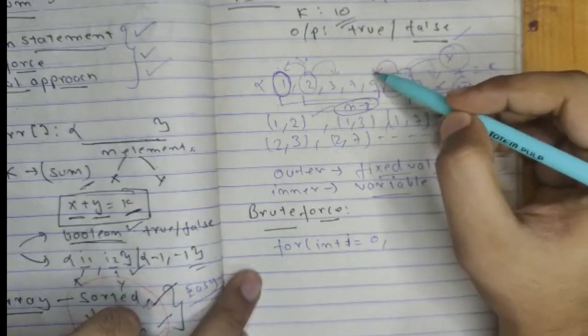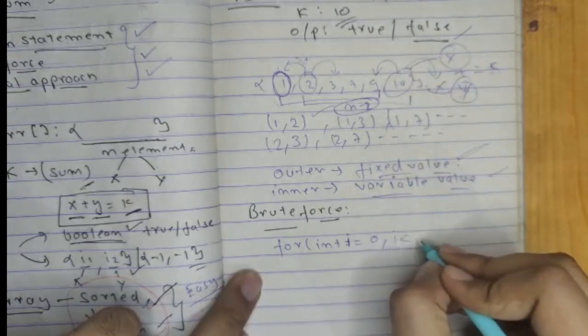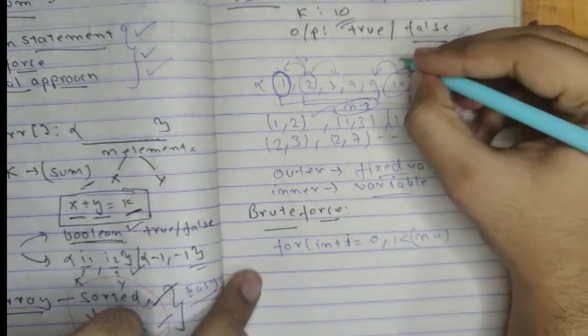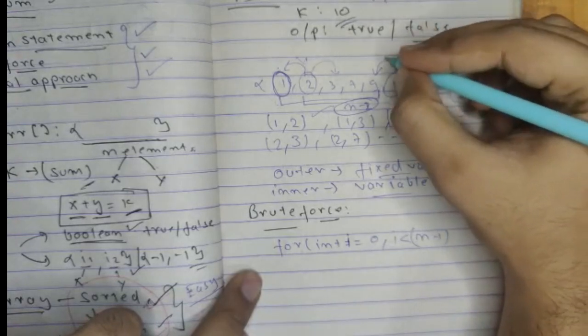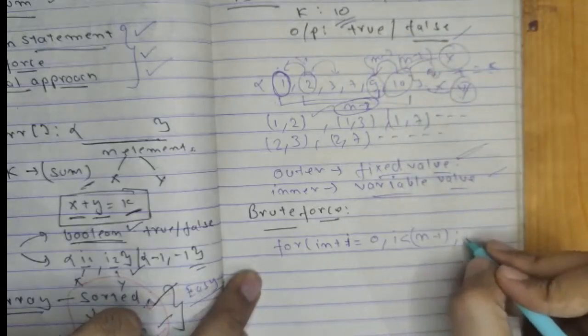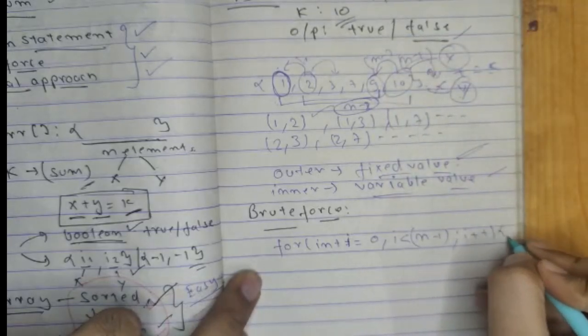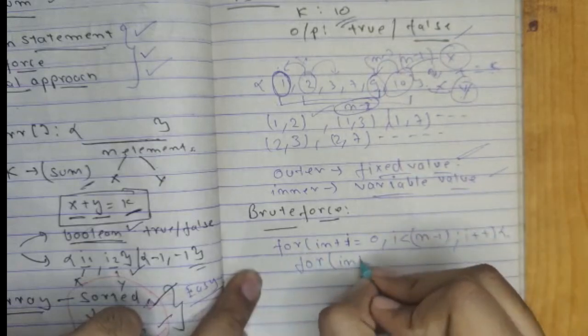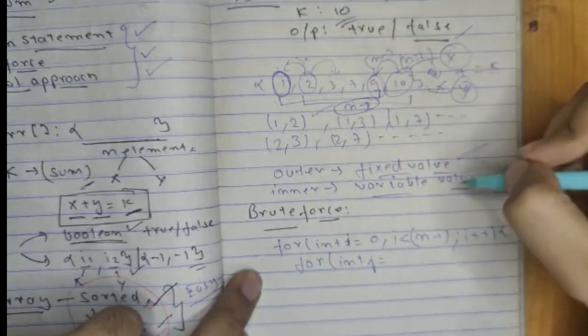Up till the last second value. So i less than n minus 1. This is n, this is the n minus 1 index, and less than n minus 1 will be n minus 2, meaning the second last index. Then i plus plus.